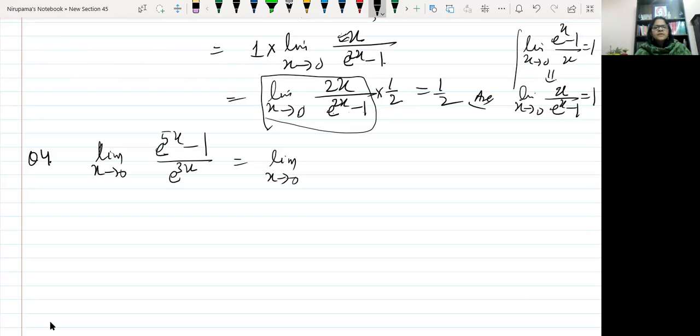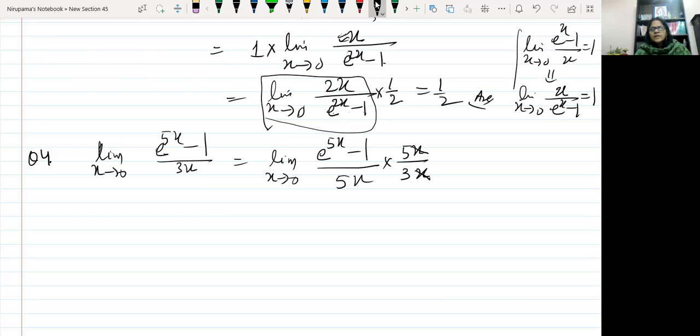Sorry, this should be only 3x. So limit x approaches 0, e to the power 5x minus 1, so we need 5x here. So it is 5x by 3x.